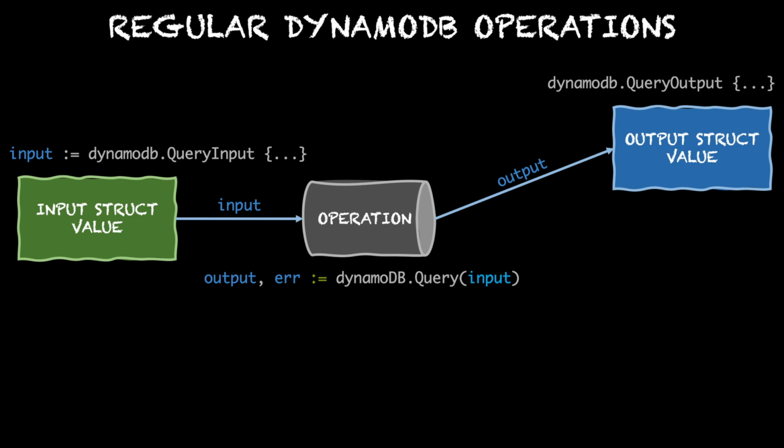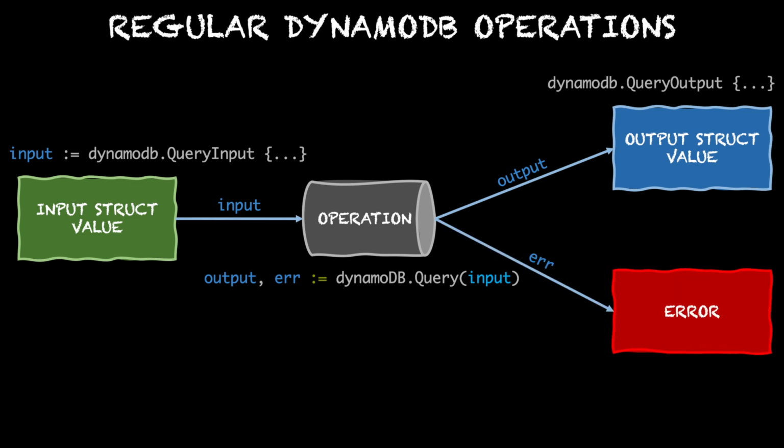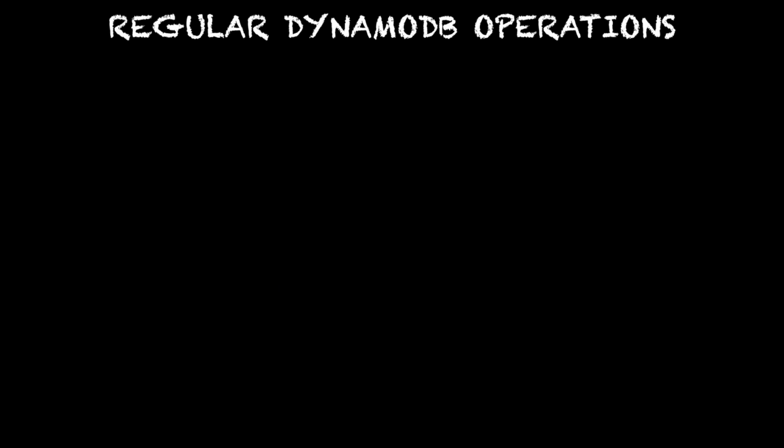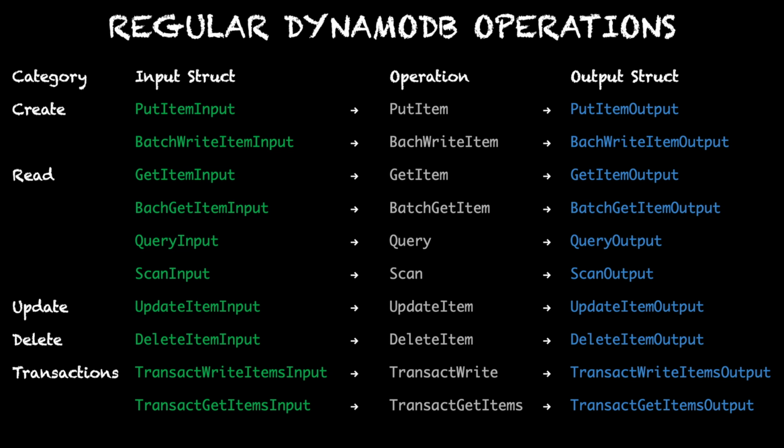The operation may also return an error value, which we can test to see whether we can cast it to a specific error type and treat it accordingly. Given that Go is a statically typed language, each operation has corresponding input and output struct types that we should consider.